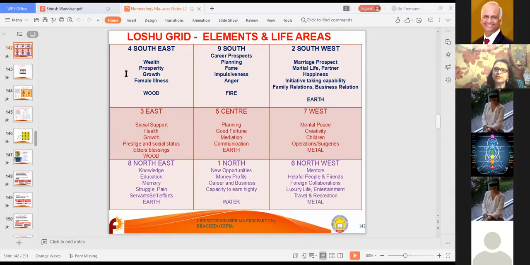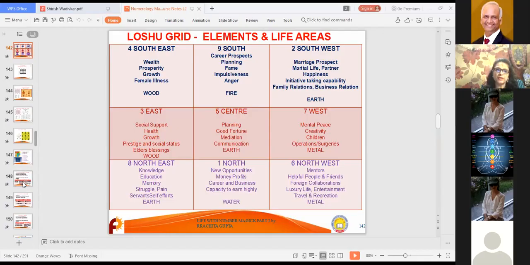So for every direction, you should know the number concerned and also the element concerned. Because the number that is going to be missing in the grid, we will do remedies based on the direction and based on the element. Remedies can be different, but they have to be done in that direction, and they have to be closely associated with the element of that direction.